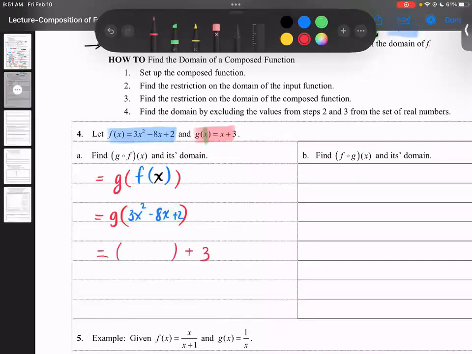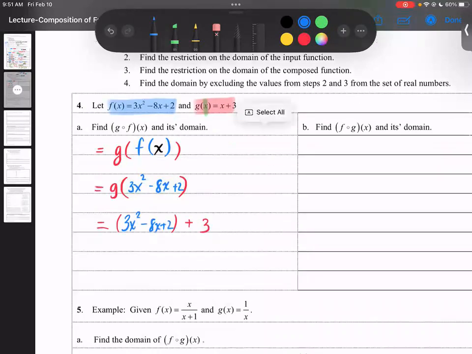And that something will be the new blob, which is the new input right there, 3x squared minus ax plus 2. Now you can combine the like terms: 3x squared minus ax plus 5. And there you go, you have g of f of x.